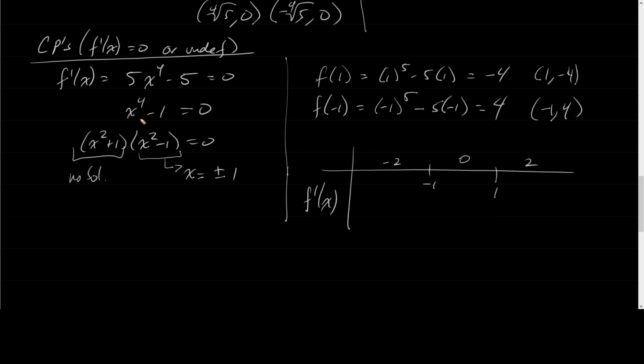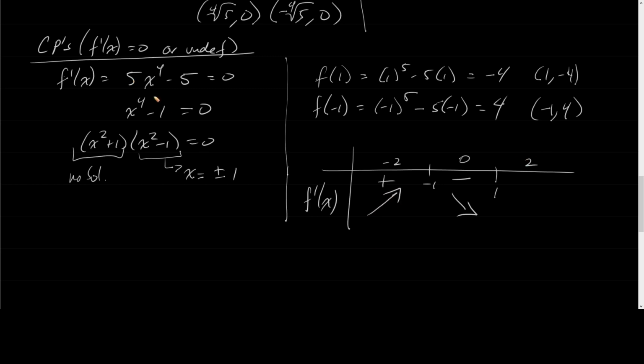Here's the derivative, 5x to the fourth minus 5. If I plug in 0, 5 times 0 is 0, and 0 minus 5 is negative, so that's decreasing there. If I plug in negative 2, negative 2 to the fourth is 16. 16 times 5 is a big number, and when I subtract 5 from that, it's going to be positive.